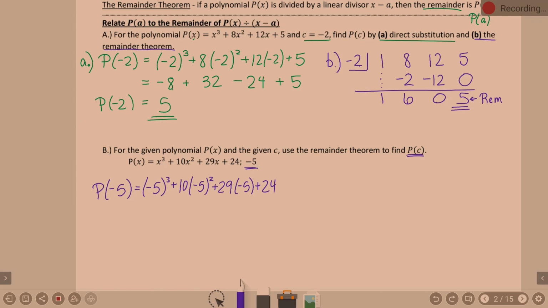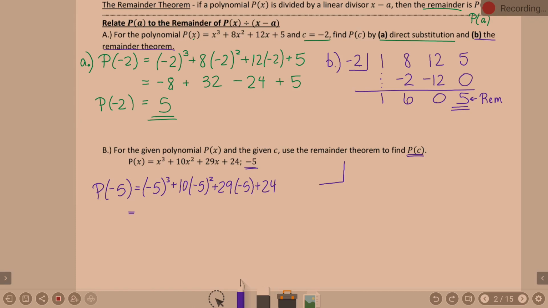Do you have to do it this way? Does it say we have to do it this way? No. What's the other option then? What's the easier option? Synthetic division, right? Could you use synthetic division? Sure.